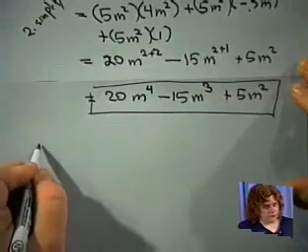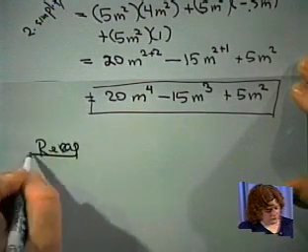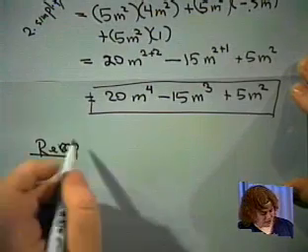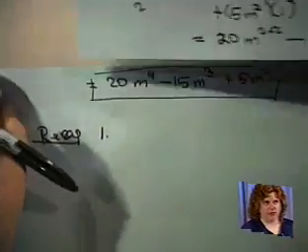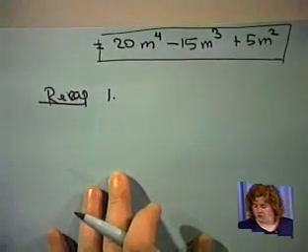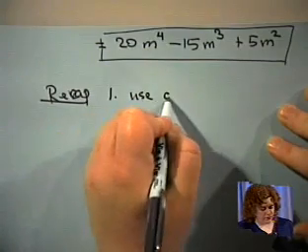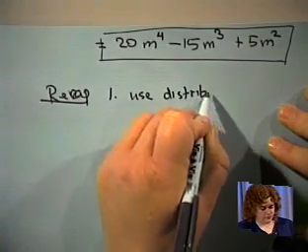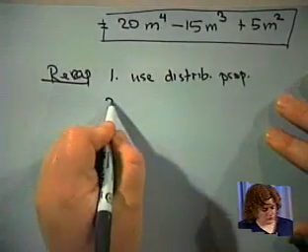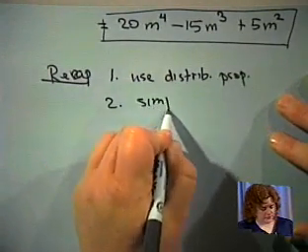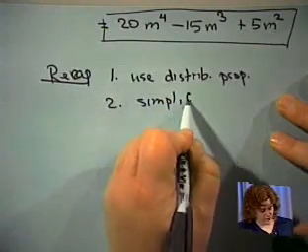To review, or recap, our overall method, and I'm going to write it for the more general case of the monomial times the polynomial, is first of all use our distributive property, and then we're going to simplify each of the little pieces that we have to work with that are all added up.